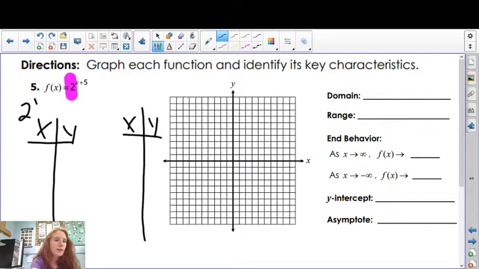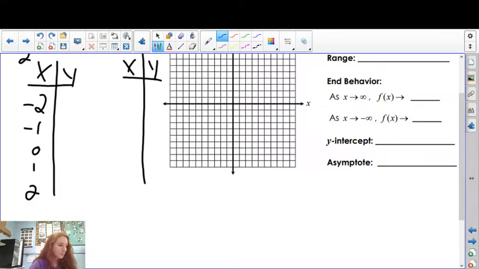So 2 to the x. So 2 to the -2nd, -1st, 0, 1, and 2, and I see my face is in the way, so we've got to scroll down a little bit. So 0.25, 0.5, 1, 2, and 4.